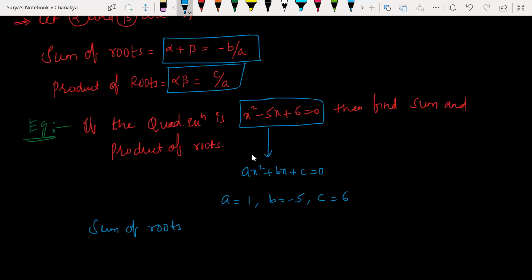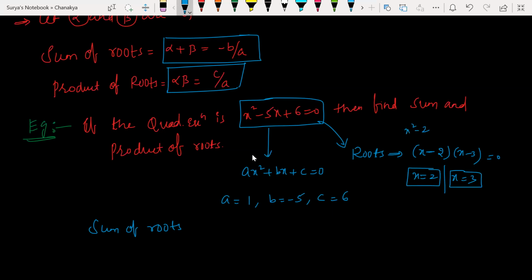I need to find the factors first. I need to know the roots of this. What are the roots we have here? x minus 2 into x minus 3. Isn't it, guys? So which means, equal to 0 means x is equal to 2 and x is equal to 3 are the roots. If you factorize this, that is what you will get, right?